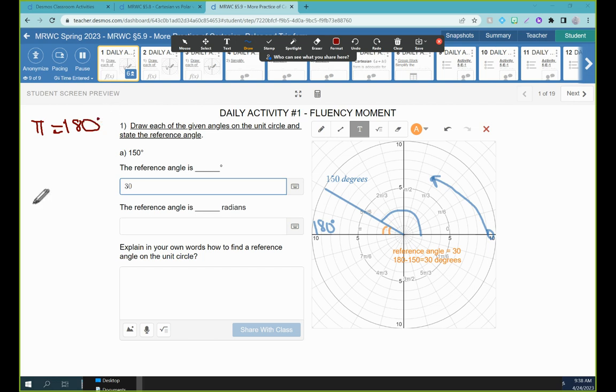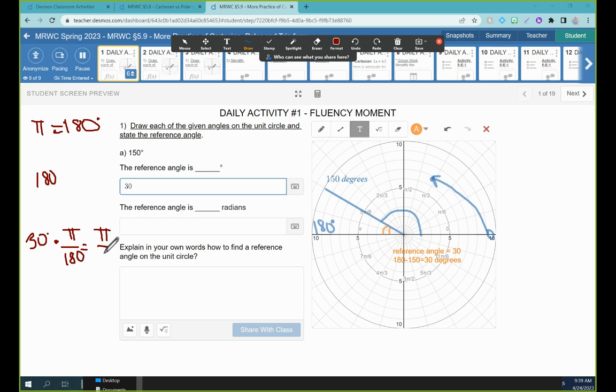So when I look at 30 degrees, I go 30 degrees, and I'm going to multiply that by pi over 180. And the reason why I'm multiplying it is because this is my conversion factor. And so when I simplify this, this turns out to be pi over 6.